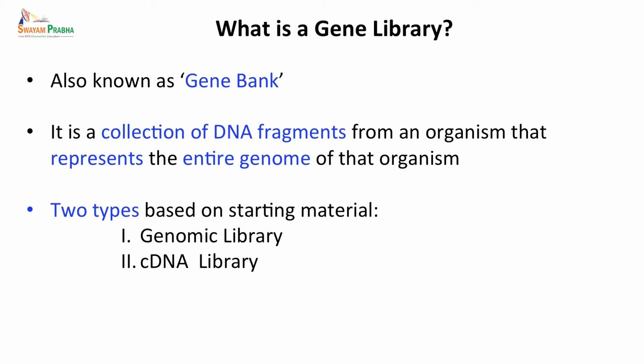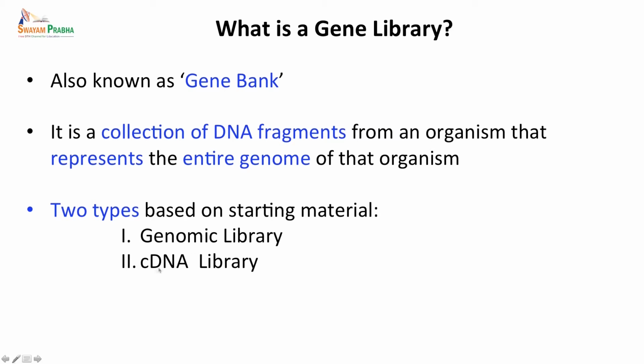And based on the types of starting material that you use, they can be of two different types. One is the genomic library, which is prepared by isolating the entire genomic DNA of an organism.